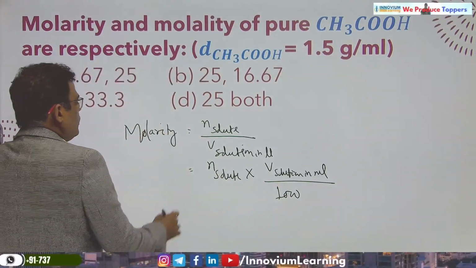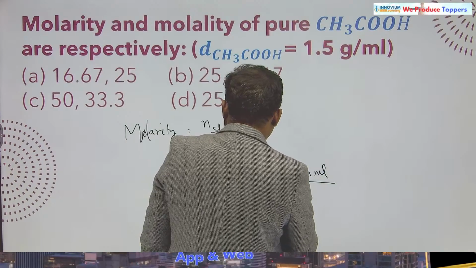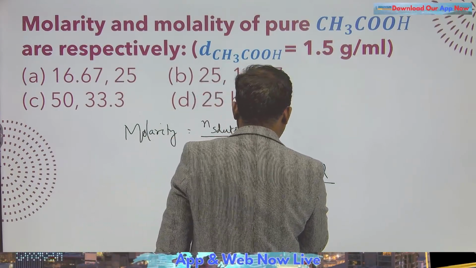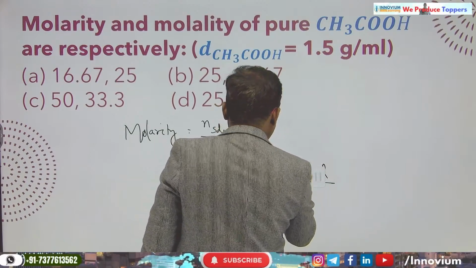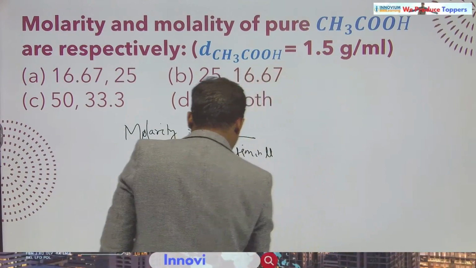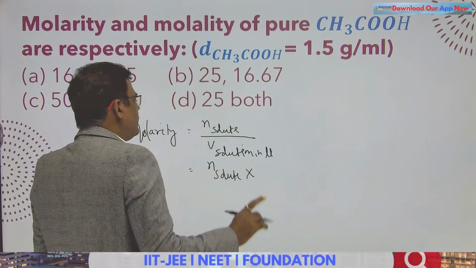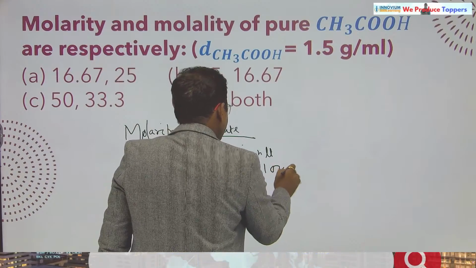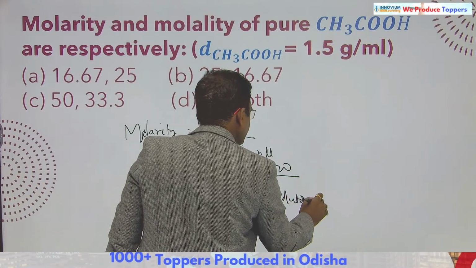Correct? So if the volume of solution is given in ml, then the expression will be like this, that is 1000 by V, volume of solution in ml.